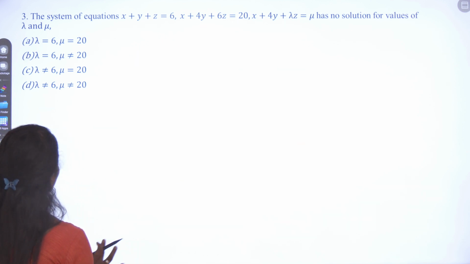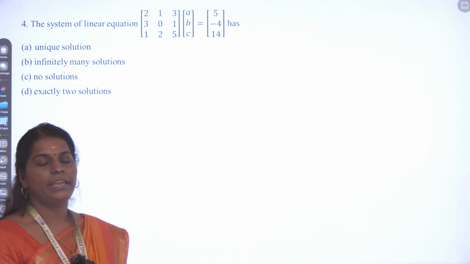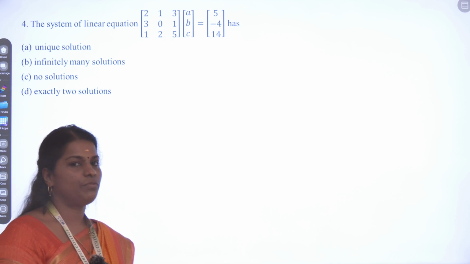Now let us move on to the next question. The system of linear equations: again here also we have to check whether the given system has a solution or not. If it exists, the number of solutions, either one or many solutions, that is what we have to check.